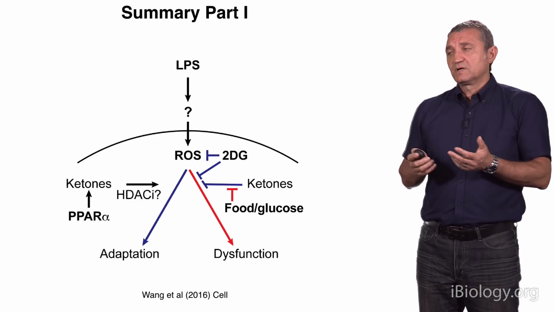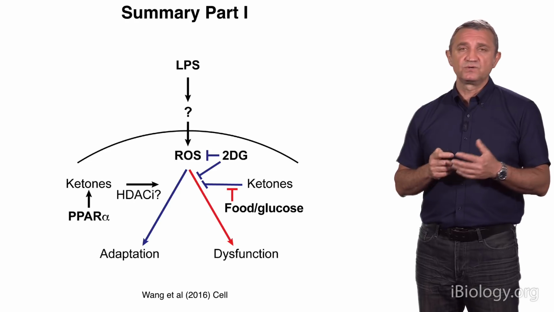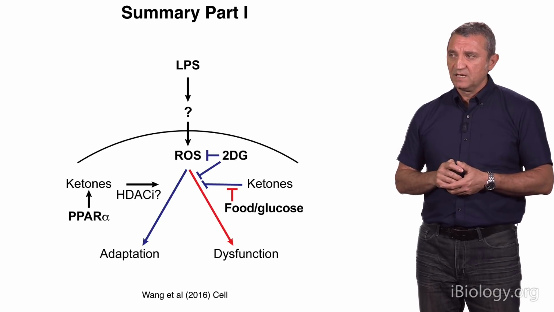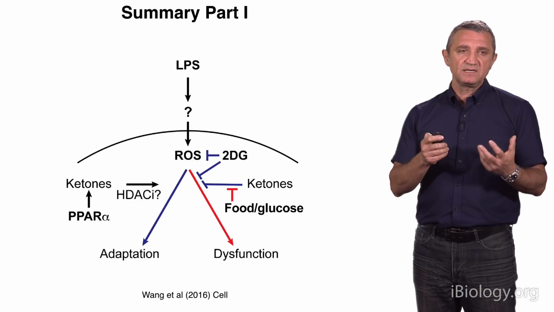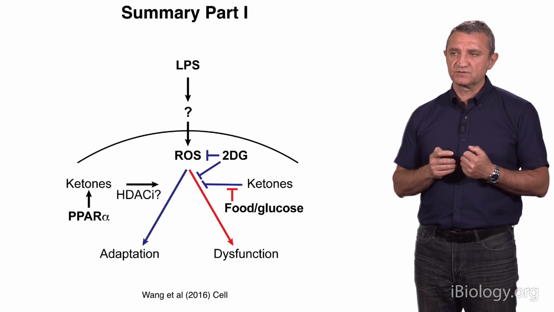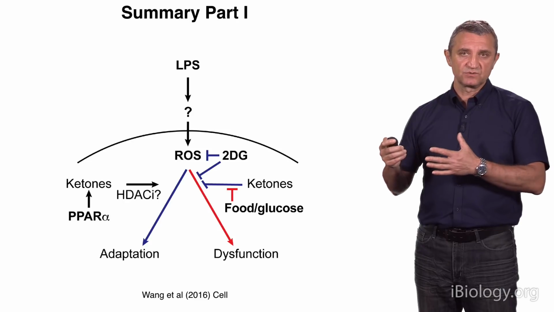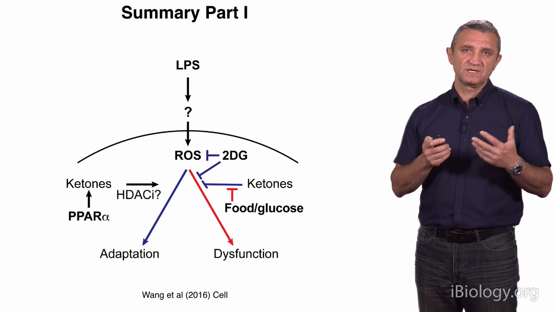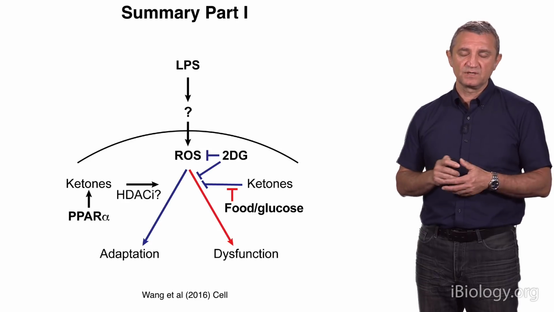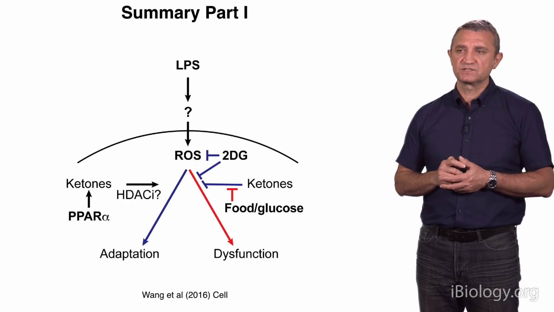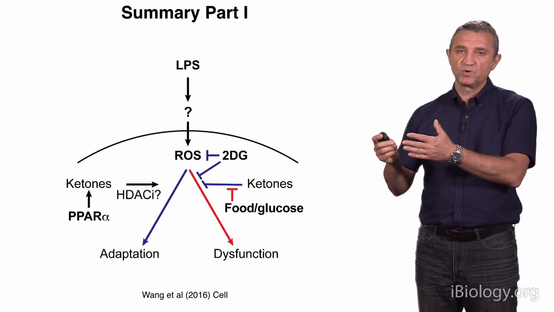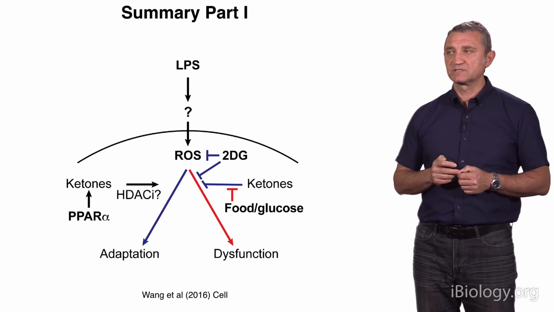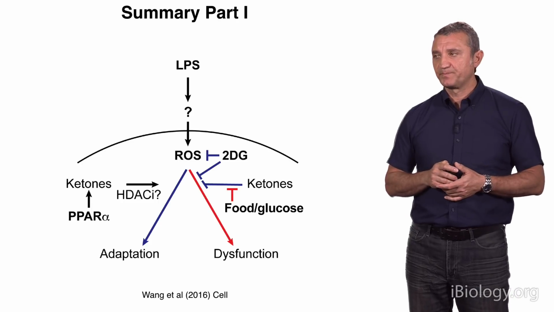So that's the part of the study that had to do with bacterial infection and bacterial sepsis, where we found that eating during bacterial infection or sepsis interferes with this normal protective effect of fasting metabolism, and therefore the anorexia that we feel when we have infections has to do with promoting this type of protective mechanism associated with fasting metabolism.